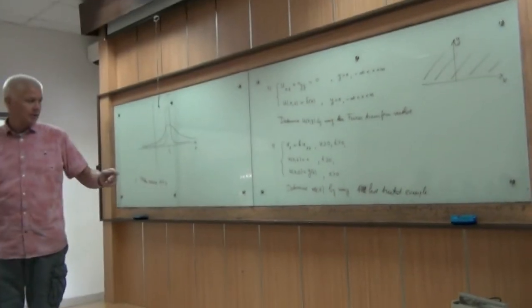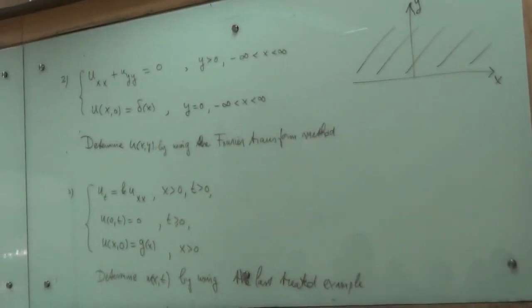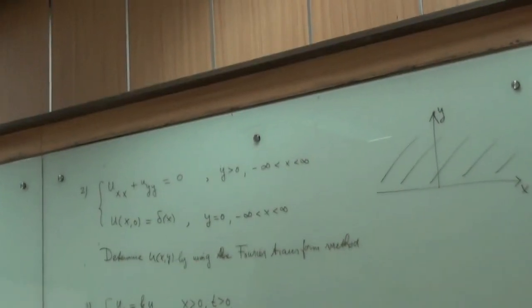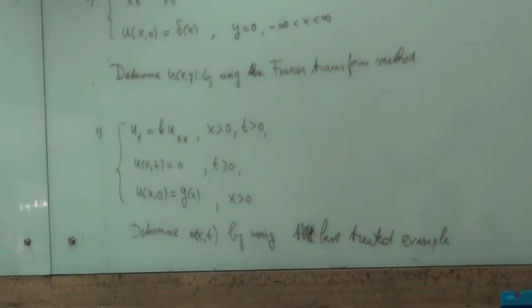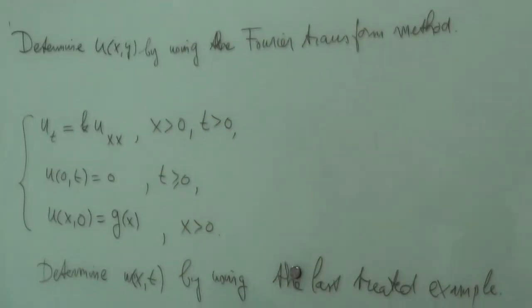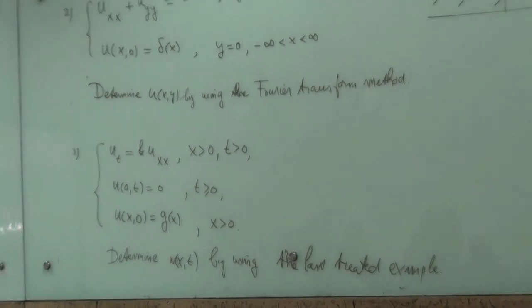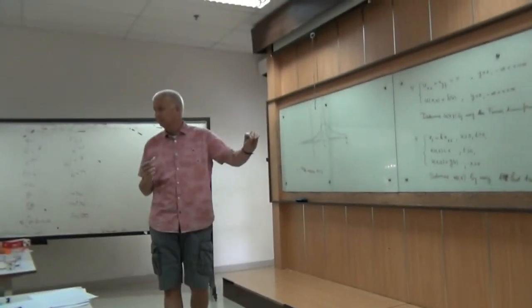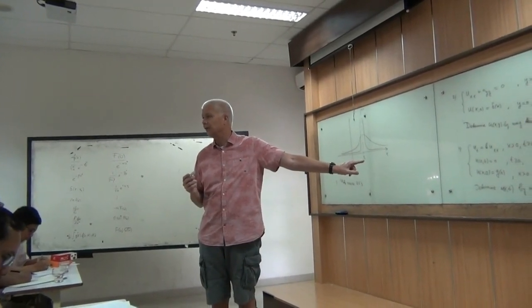And now I wonder whether I could use the last example that I treated. So I got 1 over the square root of 4 pi kt, integral from minus infinity to plus infinity g(x bar) times e to the power minus (x minus x bar) squared divided by 4kt, d x bar. The question is, can I use that formula to solve this problem?